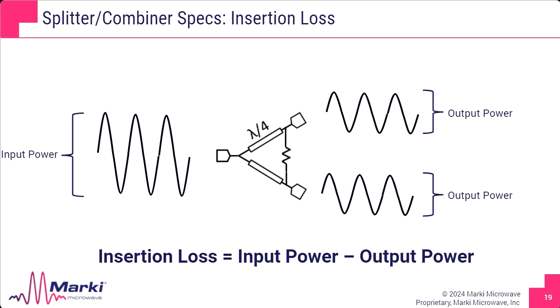This is due to device imperfections or parasitic resistance somewhere in the circuit. And in the phased array system we're designing for, where we have hundreds of these power splitter combiners, this poor insertion loss will accumulate and severely impact the signal quality, reducing strength and thus the distance at which we can actually scan.